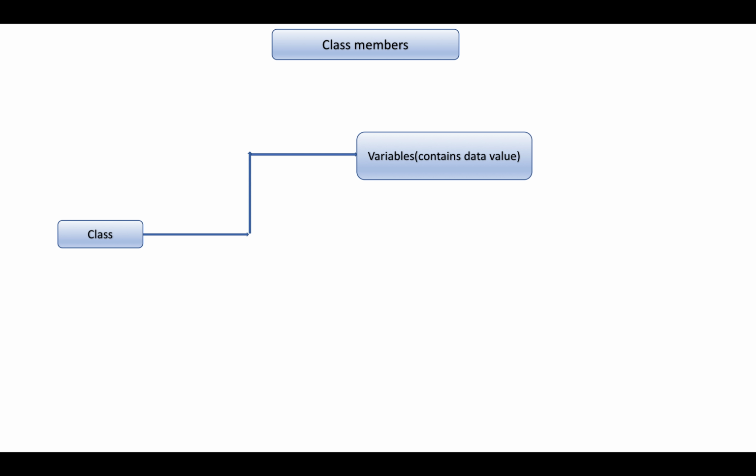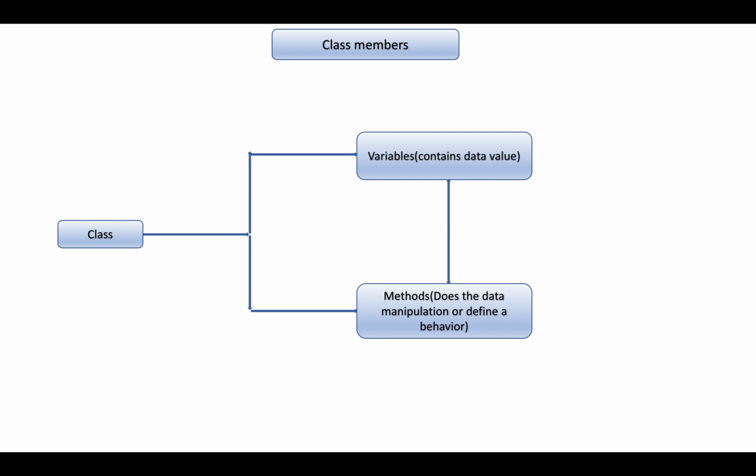One is property, or in Java language it is called variables, which contain the data value, like the chair having four legs, that is data 4. And behavior, which in Java is called a method. Method means it performs a certain set of operations or defines a certain set of behaviors, right?